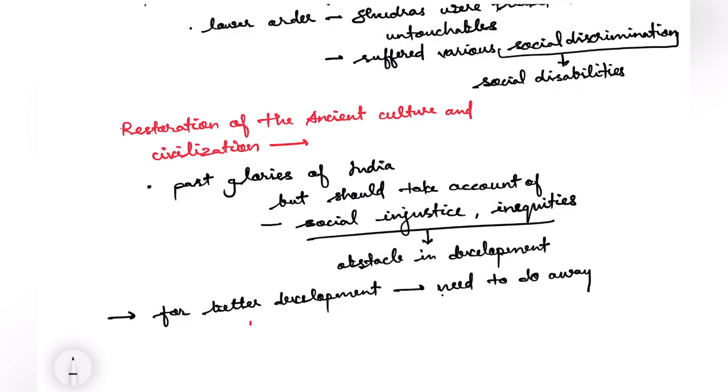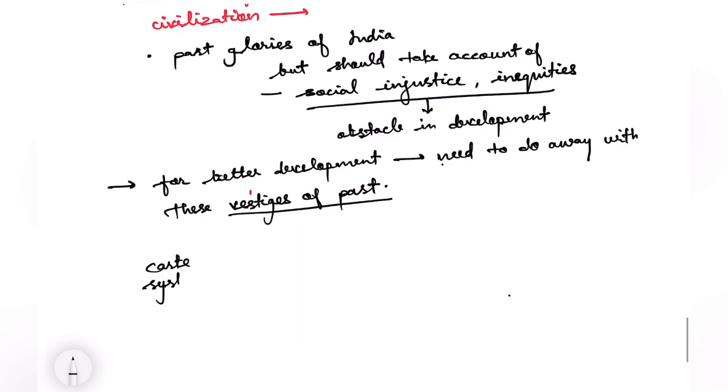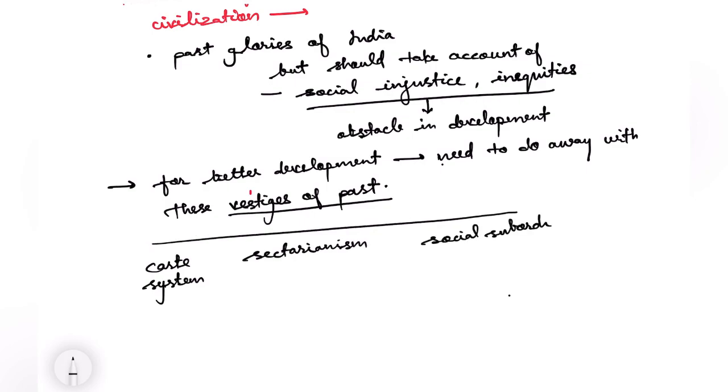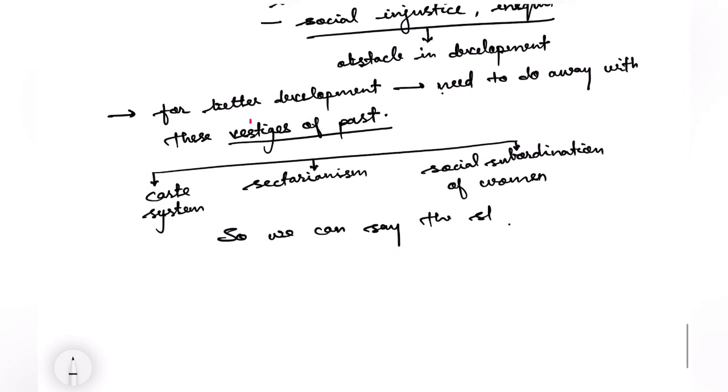If we are talking about the revival of the ancient culture and civilization, we must do away with these vestiges of the past, like the caste system, religious sectarianism, and the social subordination of women. These things are still present in Indian society, but when we talk now, we should have an idea that these things are actually hampering the development of a country.